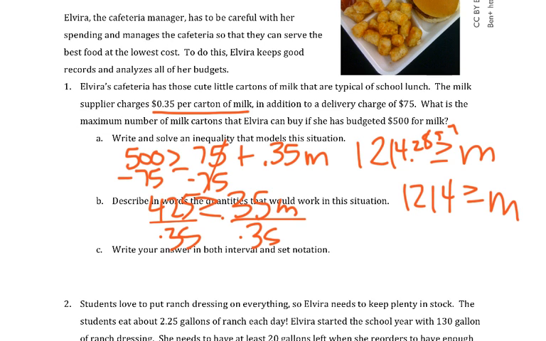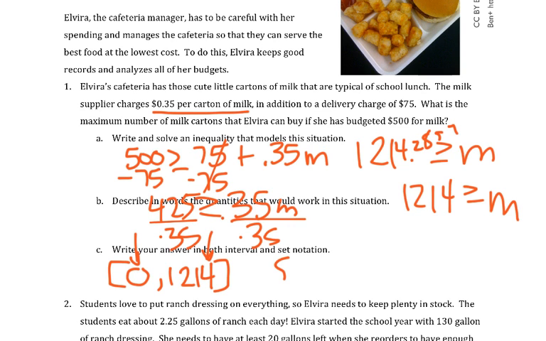So with interval notation and set notation, with interval notation we use brackets and numbers it can include. We can order 0 up to 1,214. So that's kind of like the starting number and the ending number.